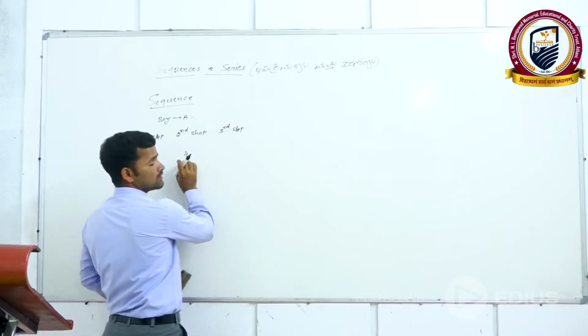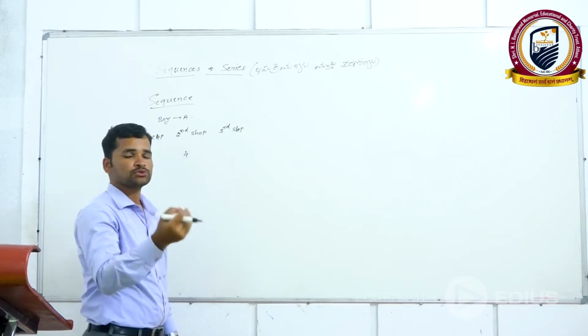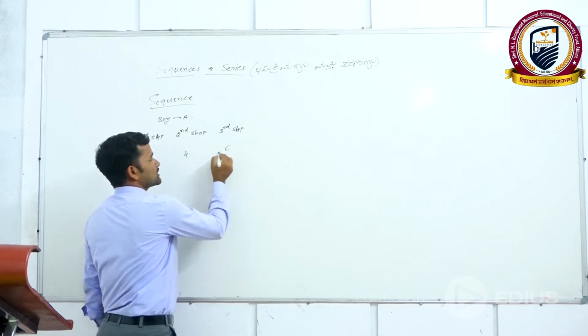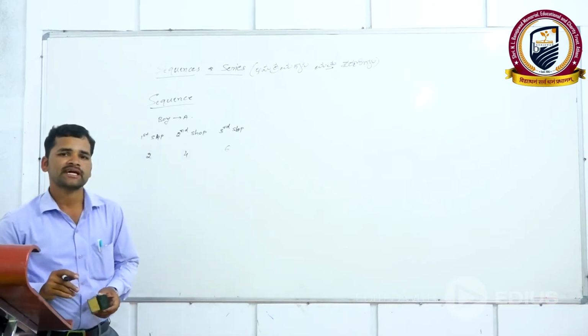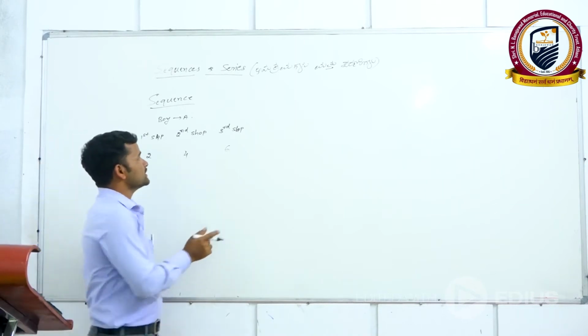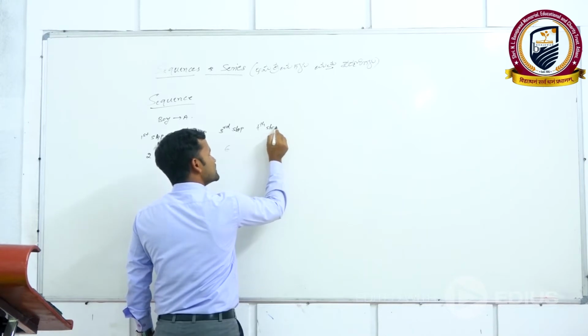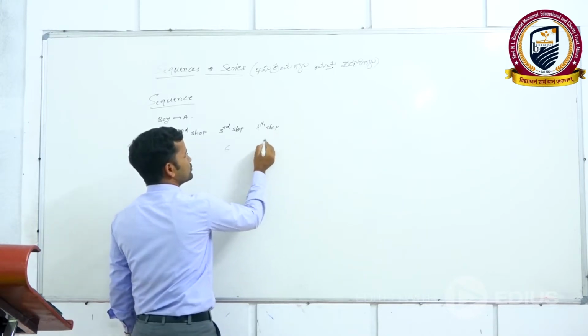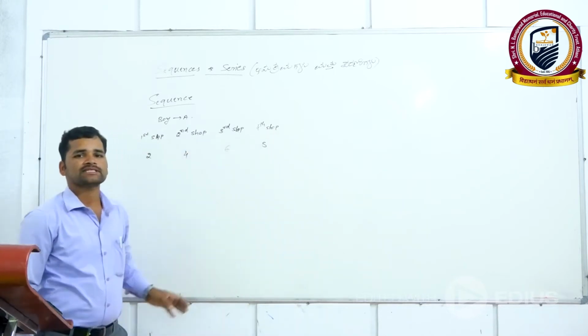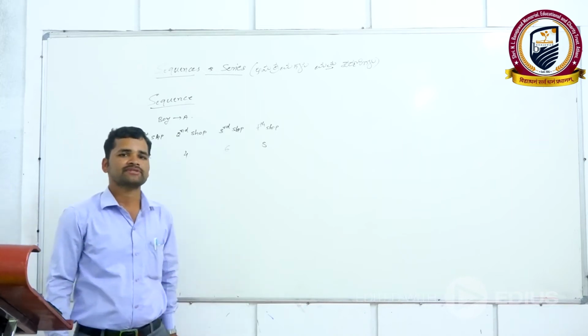So 4 already he bought and 2 more, in total 6 sweets he has. Next he goes to the fourth shop, buys 2 more sweets. Total how many sweets? 8 sweets he has.